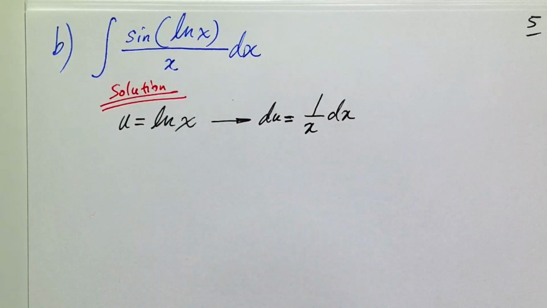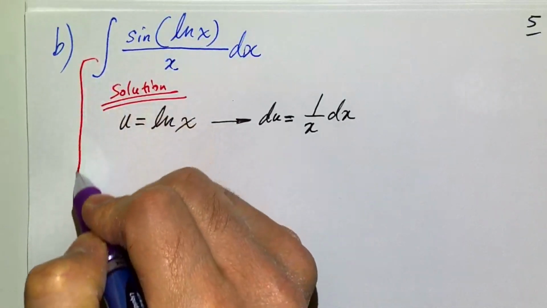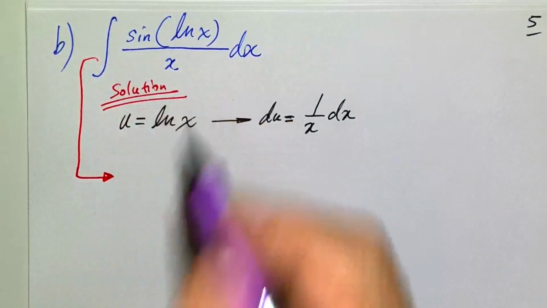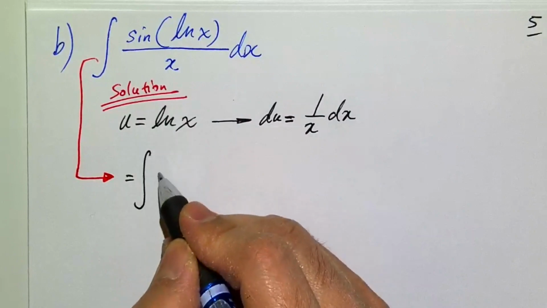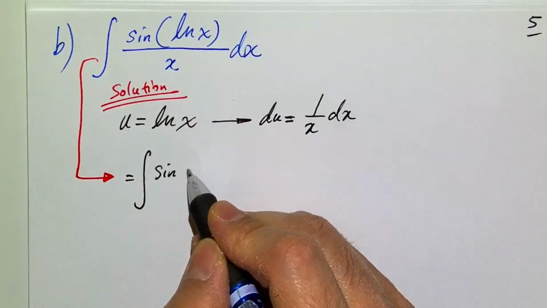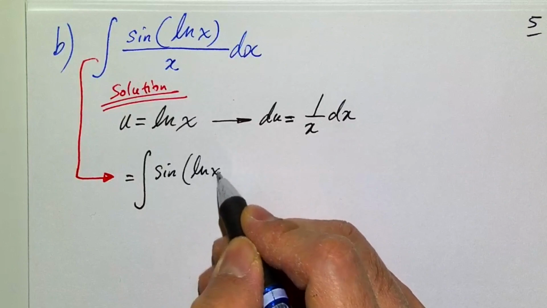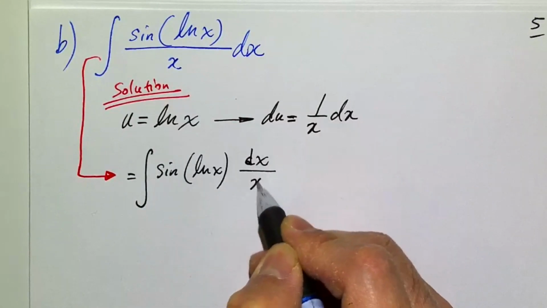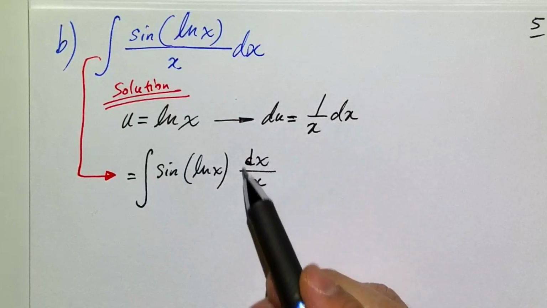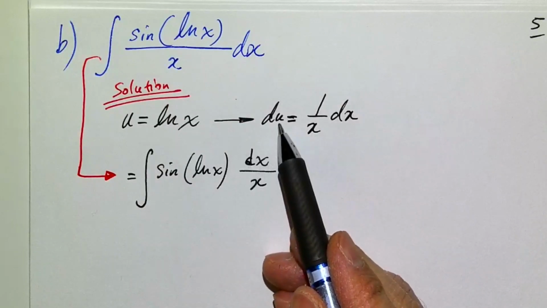Right? In other words, I didn't do this before, but let me do it this time. So if you break that up into pieces of sine of natural log of x times dx over x, you can substitute for this piece with du, right?